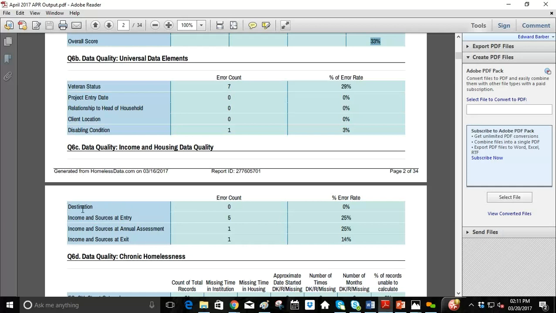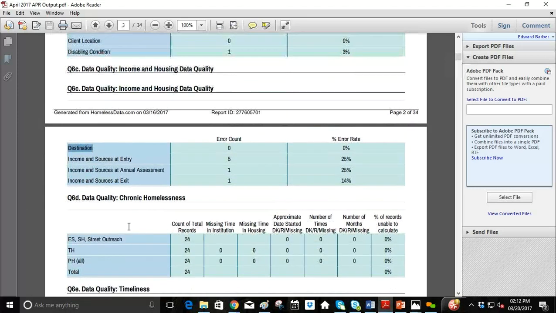Things like destination is such a critical data element, and it informs so many of the system performance measures, and it's so important as you're looking at your own project performance. We're trying to end homelessness. Where people go when they leave a project is probably, in some ways, the most important question we can be asking.